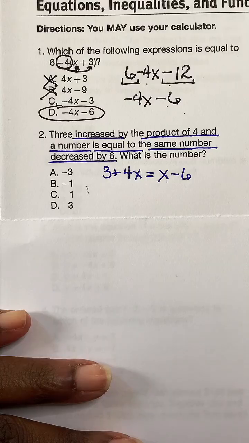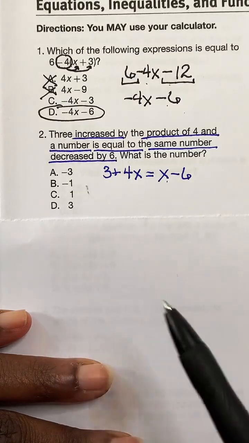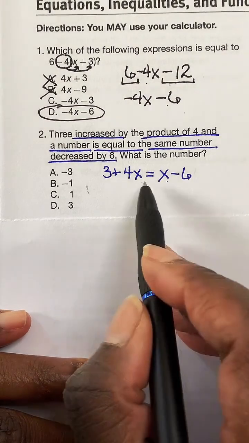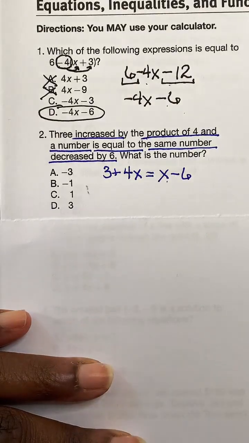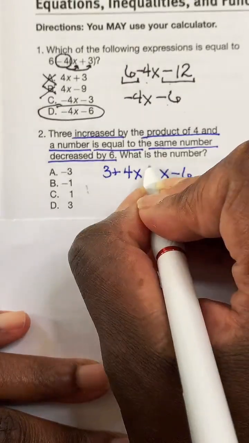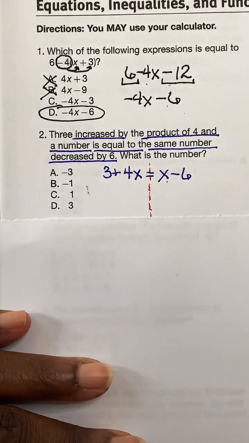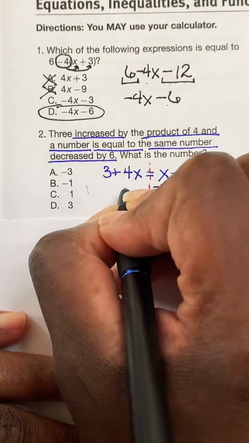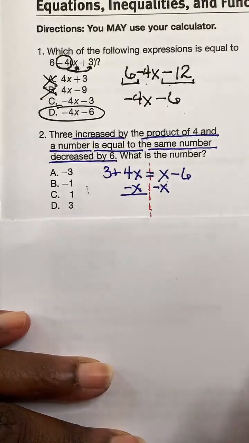So one thing you could do, you can plug and chug and see which one will give you the same answer on both sides. Or we can go ahead and solve. So we got 4x. Now here's my equal sign. Equal sign is like a barrier. So if I want to kind of even things out, one thing that I could do is subtract this x on both sides. Now, it's really subtracting 1x.